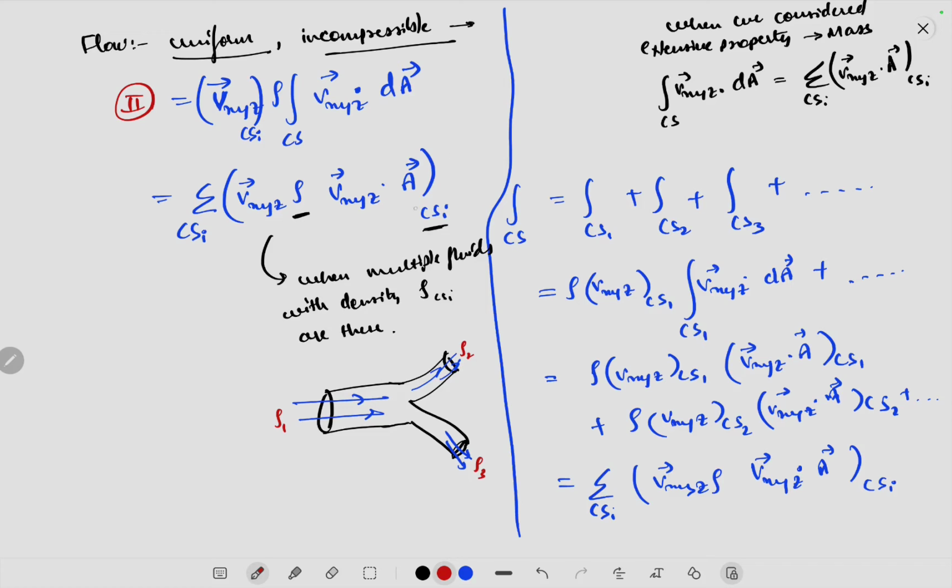So in that case I can use this expression. And in case I have only one fluid with density rho, I can take this rho outside of the control surface, right?